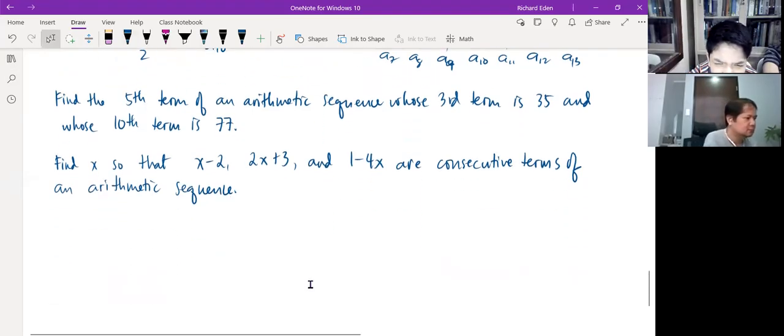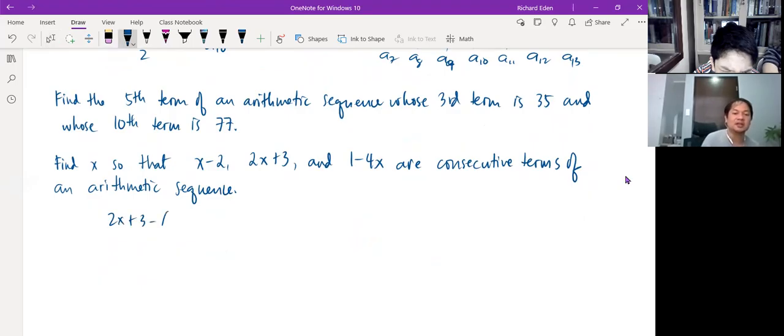X minus 2, 2x plus 3 and 1 minus 4x are consecutive terms. Oh, okay. So 2x plus 3 minus x minus 2 is equal to 1 minus 4x minus 2x plus 3. You're thinking 2x plus 3 minus x minus 2 equals 1 minus 4x minus 2x plus 3.